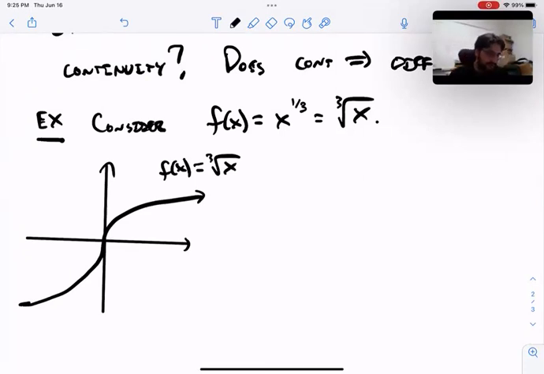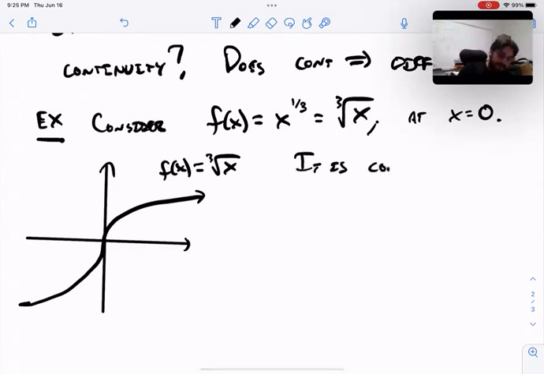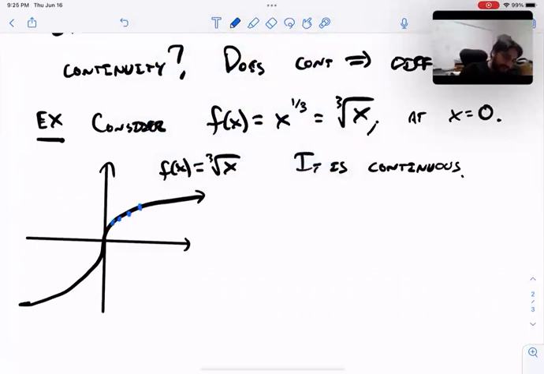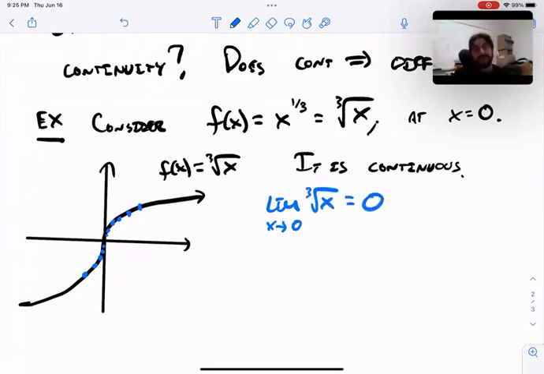I want to consider this specifically at the point x equals 0. Here, I claim that it is continuous. If you imagine tracing these y coordinates as x approaches 0 from the right, or as x approaches 0 from the left, it's pretty clear, you can even see from the graph, that this function approaches 0 from both the left and the right.